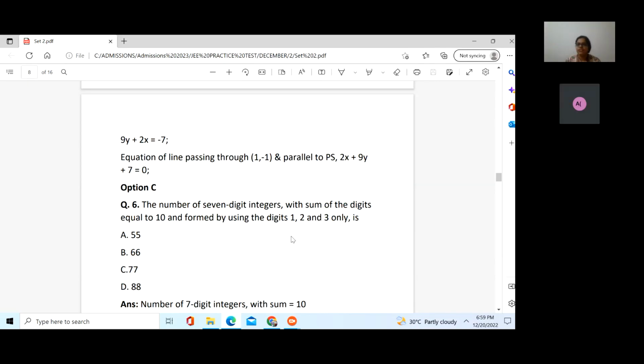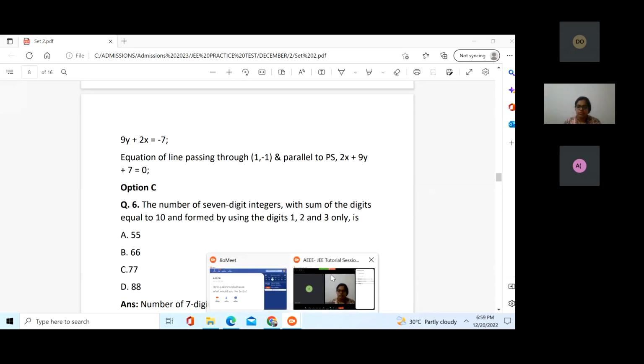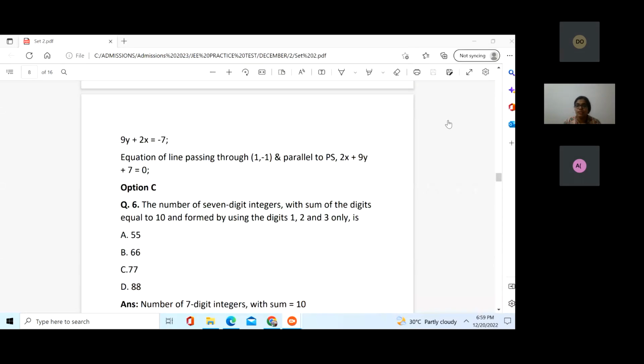You can just try. There are 7-digit numbers, the sum should be 10, and the digits which I should take are 1, 2, 3. Think about which all are the combinations which you are receiving. It's a very simple question to answer.